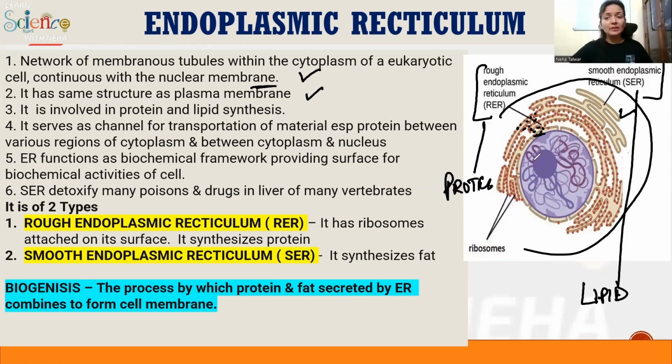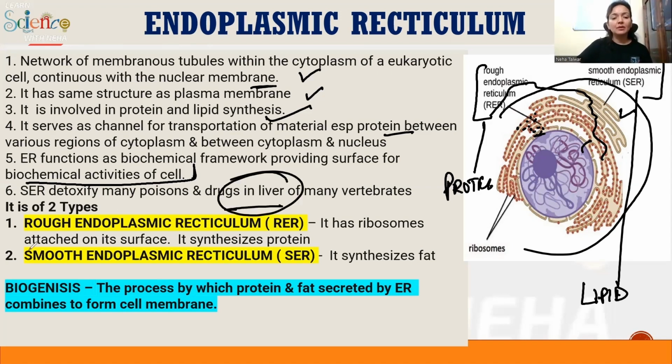Now, along with it, as I told you, it serves as a channel through which proteins can be transported to different regions in the cytoplasm. Along with it, I told you, it forms a framework in which all biochemical activities and reactions can occur. And one very important function of smooth ER is that it detoxifies the liver. Detoxifies our food.